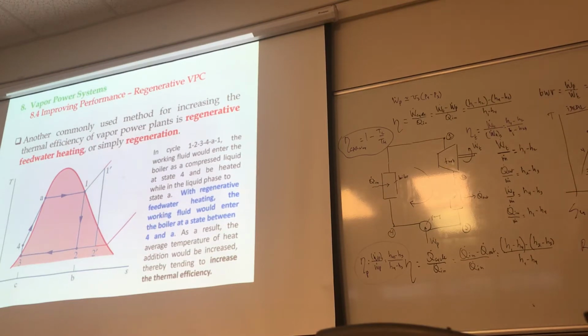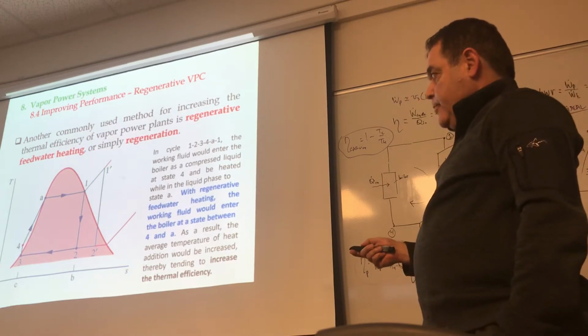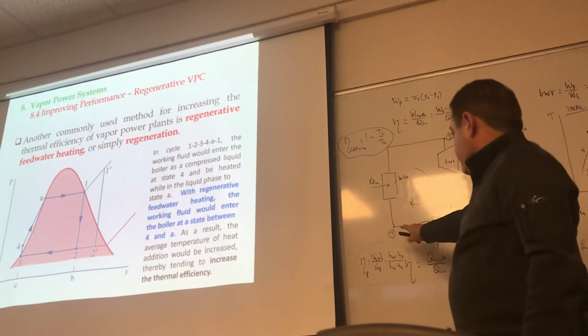So far we've been talking about average temperature of heat addition going up, but just by looking at the side of the turbine, right? Now, if you look at this cycle, 1, 2, 3, 4, A, 1, the working fluid would enter the boiler where, do you think? Do you agree that it enters the boiler at 4?